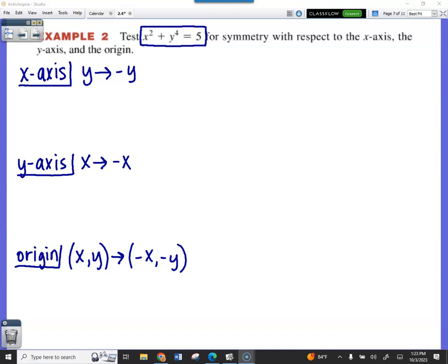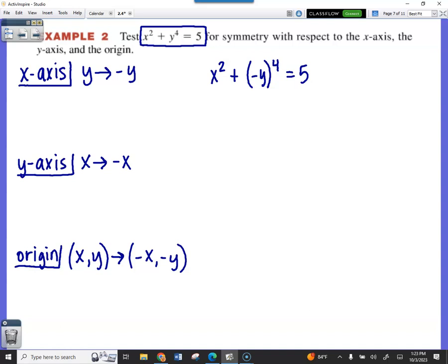When you go to plug negative y in, it would look like this at first, right? But then you've got to think about if you take something negative and you raise it to an even power, it's going to become positive.